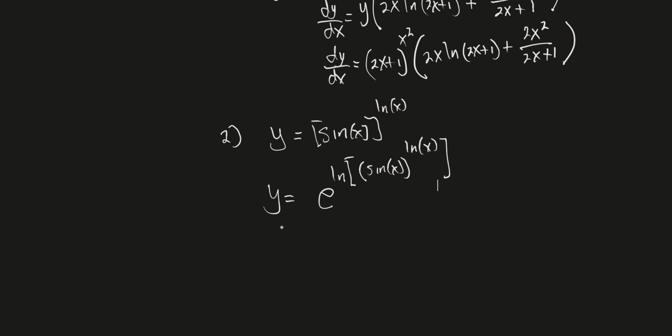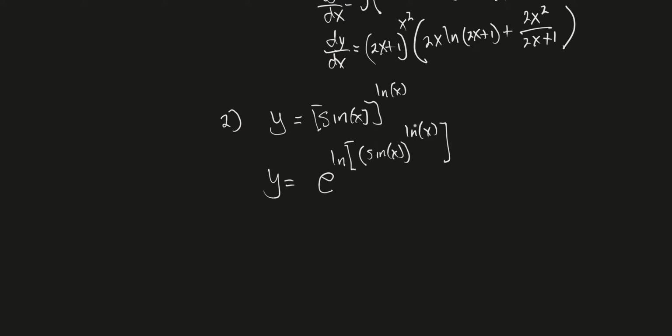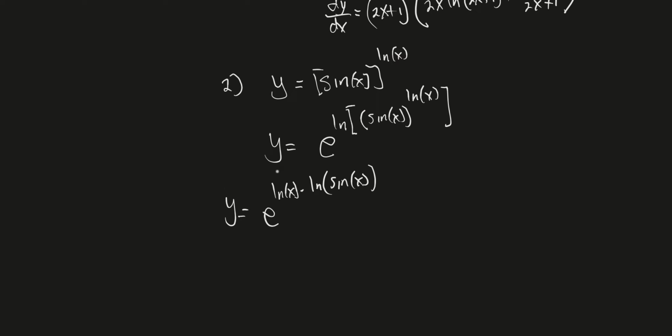So let's bring this ln and put it in front of this ln. So y is equal to e to the ln of x times the ln of sine of x, right? And then now the base is constant. It's base e. So we can utilize our extended exponential rule using the chain rule.